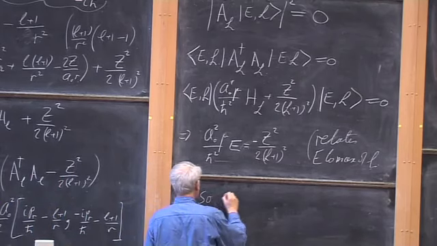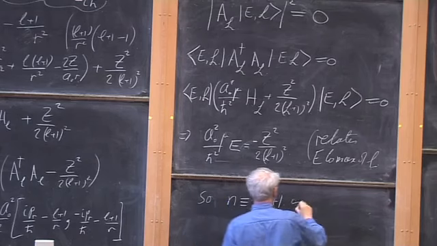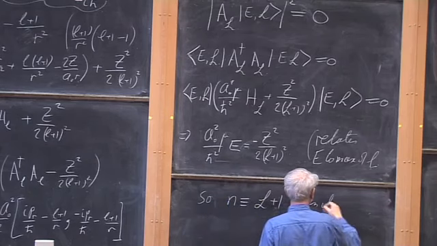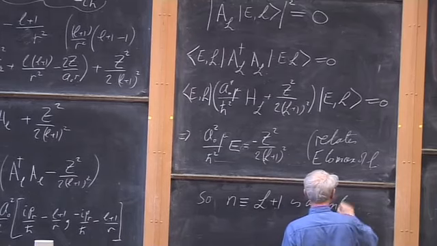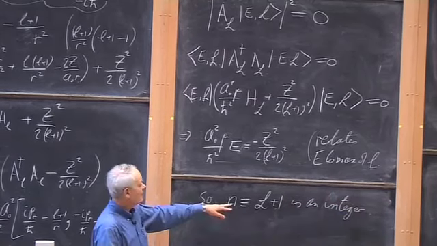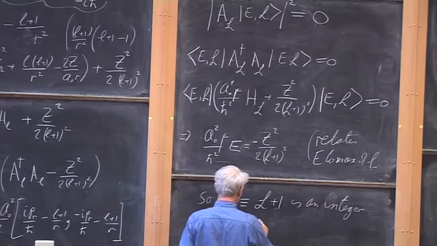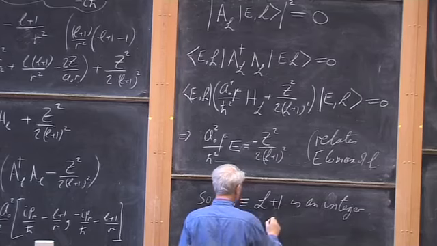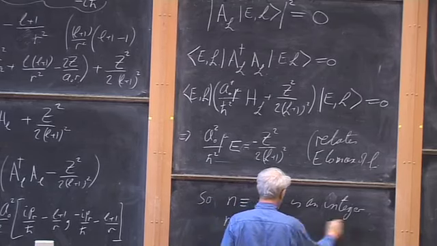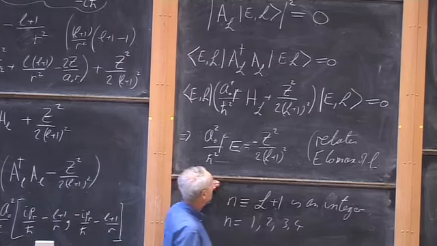So n, being defined so, is an integer. What integer? We know that curly L is allowed to be nothing, 1, 2, 3, 4. So n is allowed to be 1, 2, 3, 4, and so on. Nothing is not included in the list because of that plus 1.